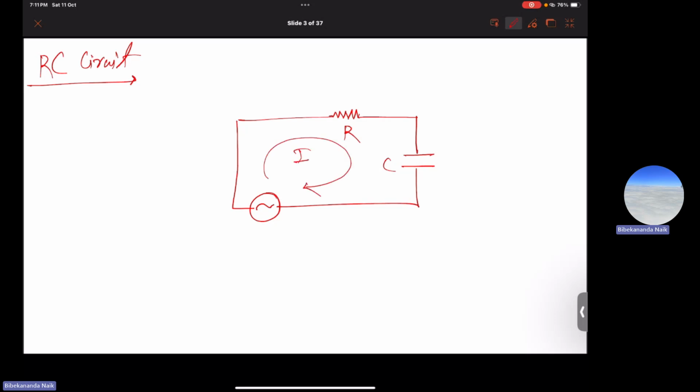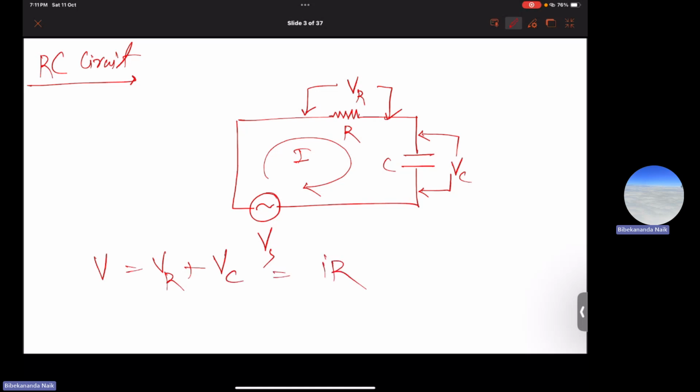Suppose this is the supply voltage Vs. The voltage drop across R is VR, and the voltage drop across C is Vc. So V will be VR plus Vc.